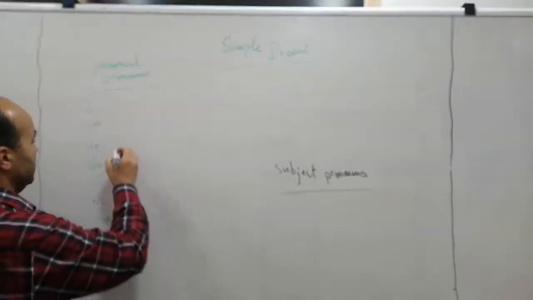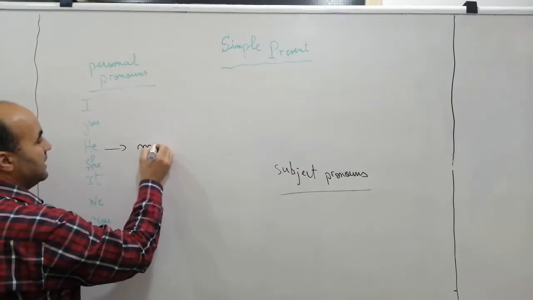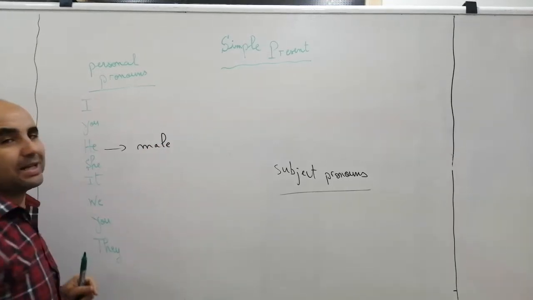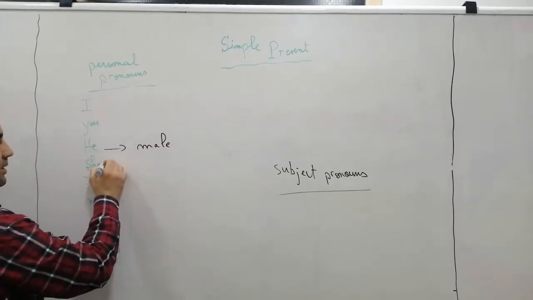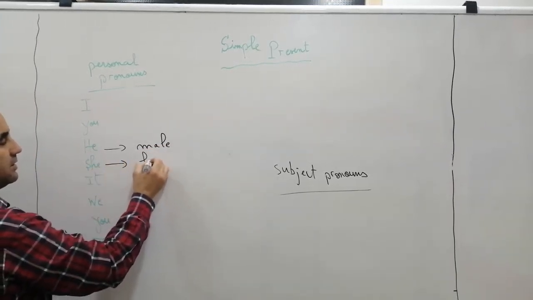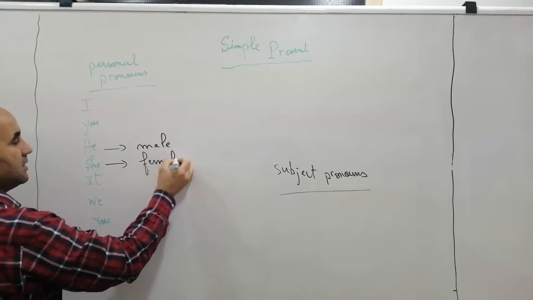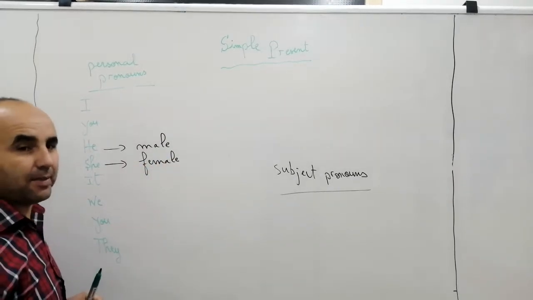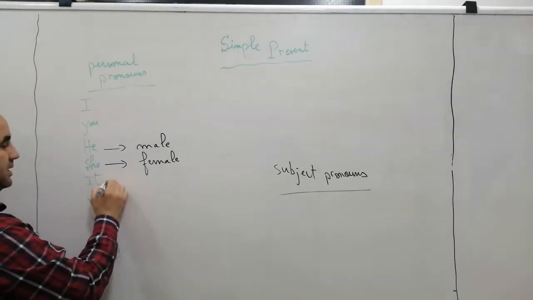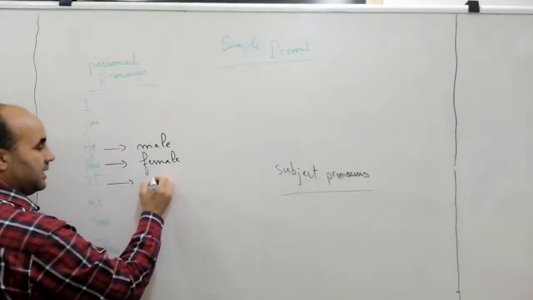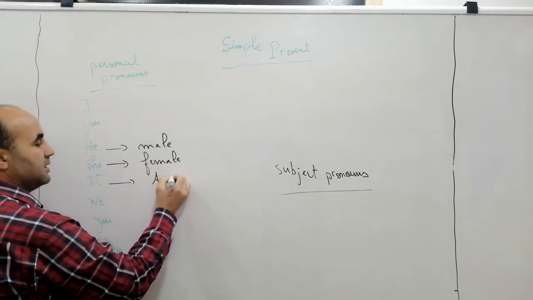He for male. He for male. مذكر male. هو. She for female. مؤنث. هي. It is either for animal.